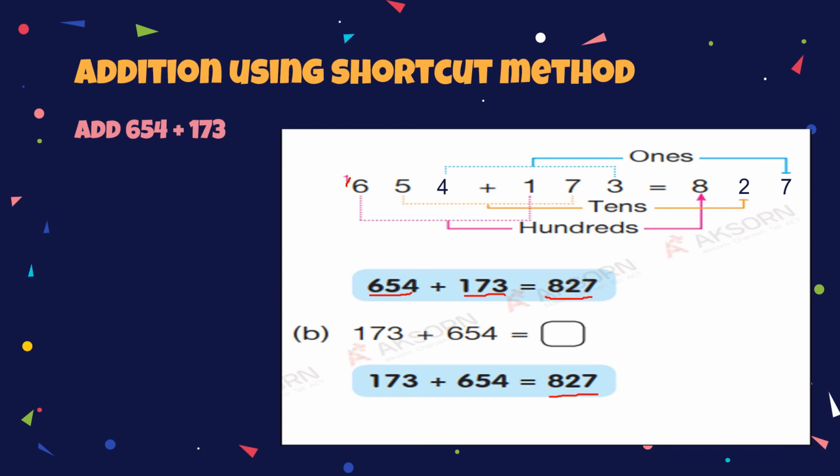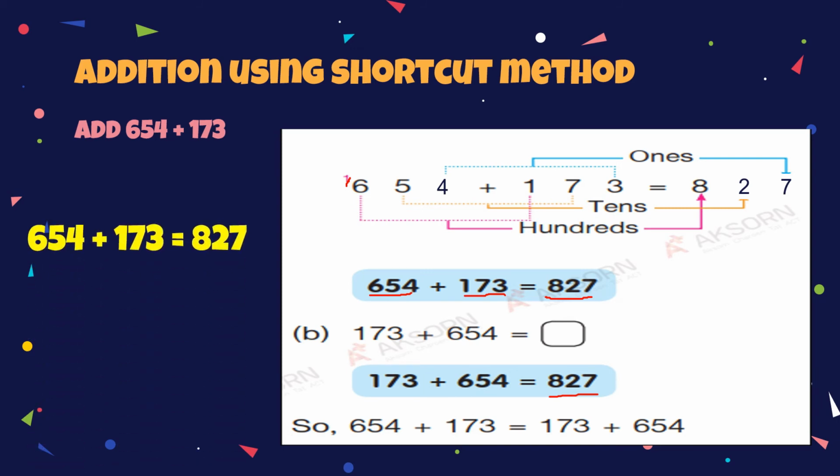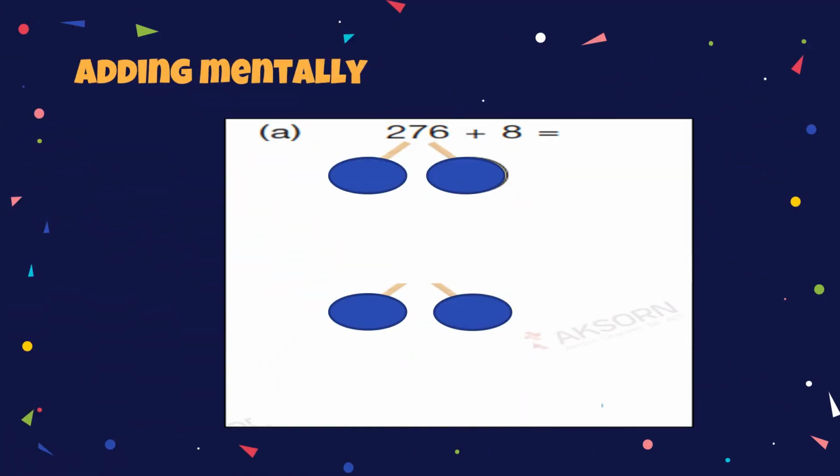So for the last method that we have, we're going to add mentally. So 276 plus 8. Since we're going to add in ones place, let's divide 276 into 2 parts.